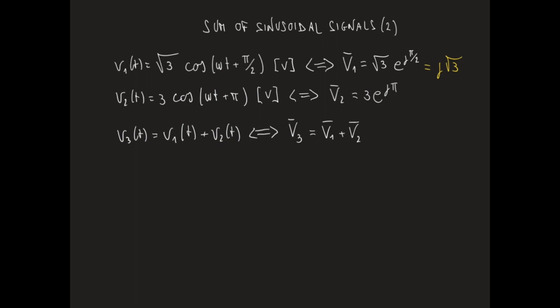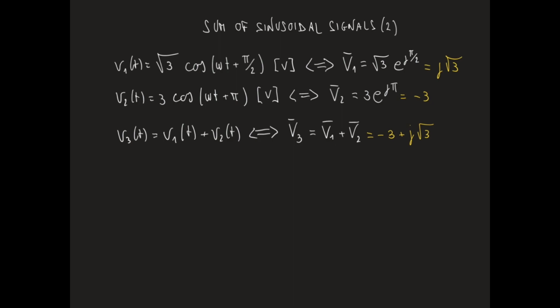On the other hand, we also know that e to the j pi is equal to minus 1. So V2 bar can also be written as minus 3. So V3 bar can eventually be written as minus 3 plus j the square root of 3.